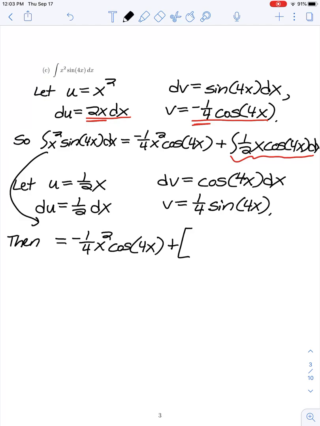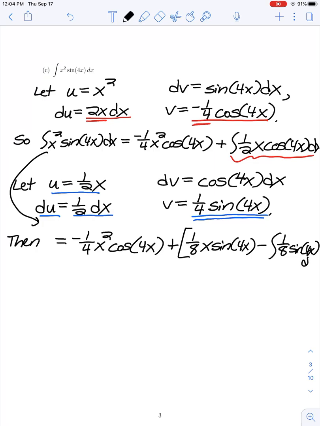So we're going to take u times v, so 1/2 x times 1/4 sine of 4x gives us 1/8 x times sine of 4x. And then we're subtracting the integral of v times du. So here we have a 1/4 sine of 4x times 1/2 dx. That gives us 1/8 sine of 4x dx.